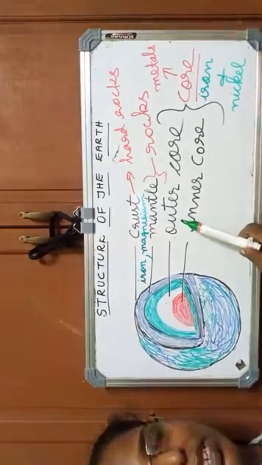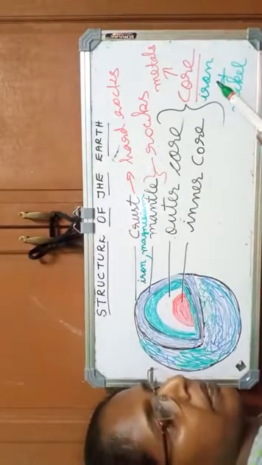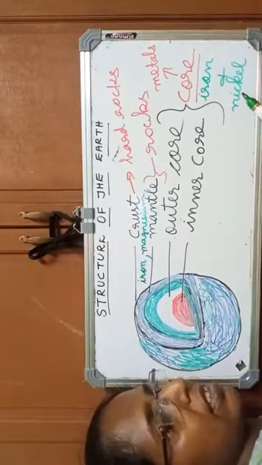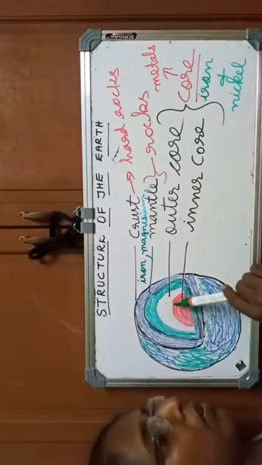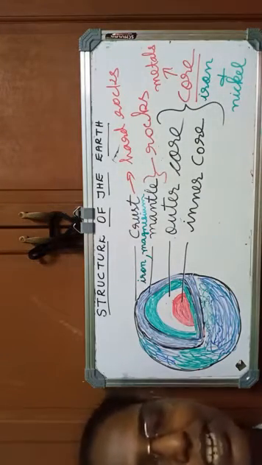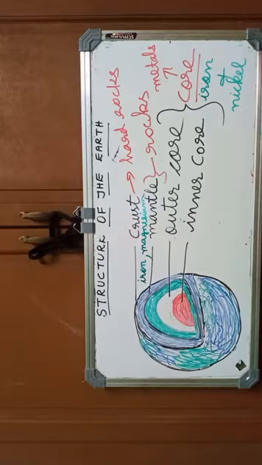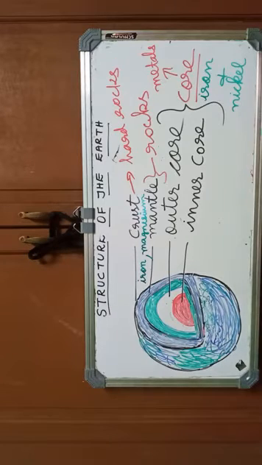Both outer core and inner core are made of iron and nickel. The iron and nickel in the outer core is somewhat molten, but the inner core looks like a solid ball, about 1200 kilometer thick. So this is the structure of the earth.